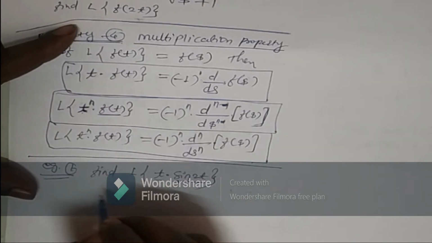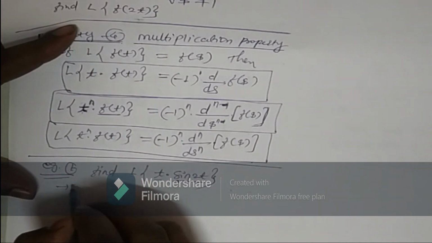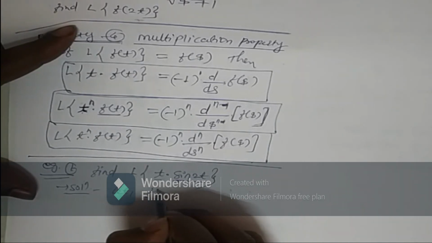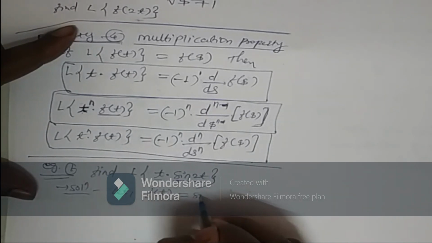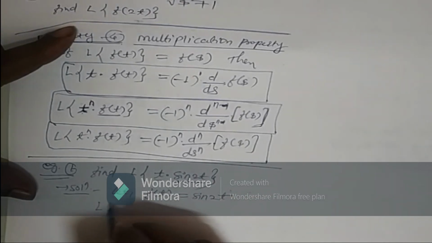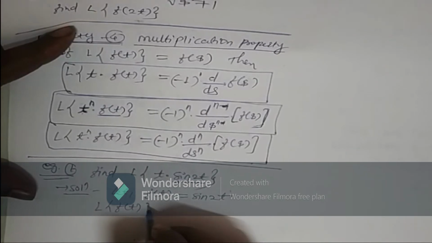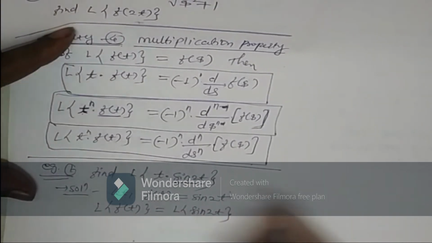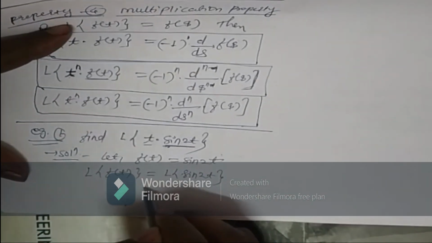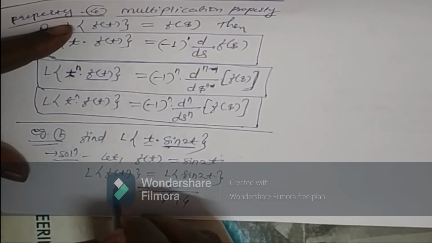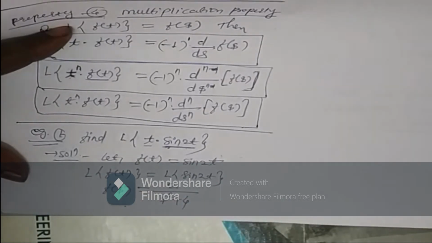Now to solve this, let f(t) be equal to sin 2t. Now take the Laplace transform. Laplace transform of f(t) is equal to the Laplace transform of sin 2t. What is the Laplace transform of sin 2t? 2 upon s^2 + 4, and this is your F(s).